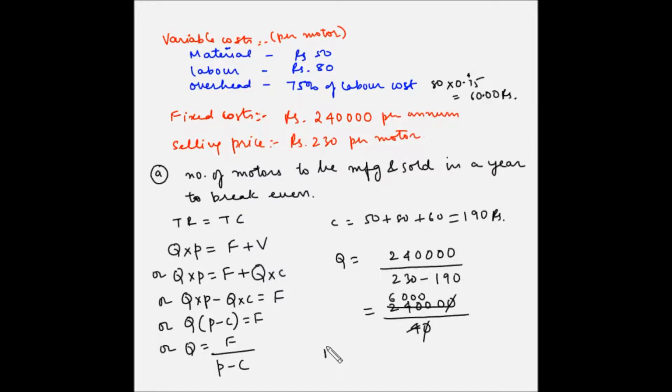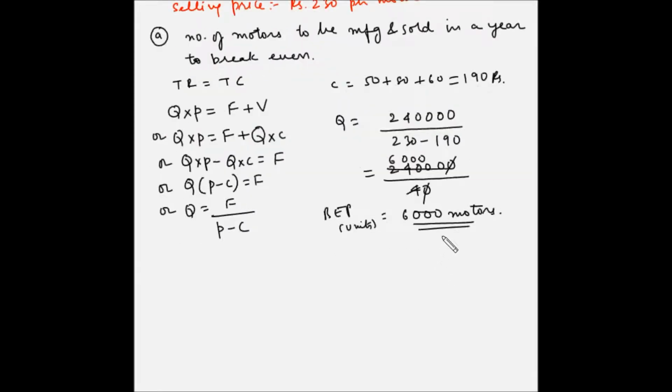So the break even point in terms of units is equal to 6000 motors. So in other terms, the number of motors to be manufactured and sold in a year in order to break even is 6000 motors.